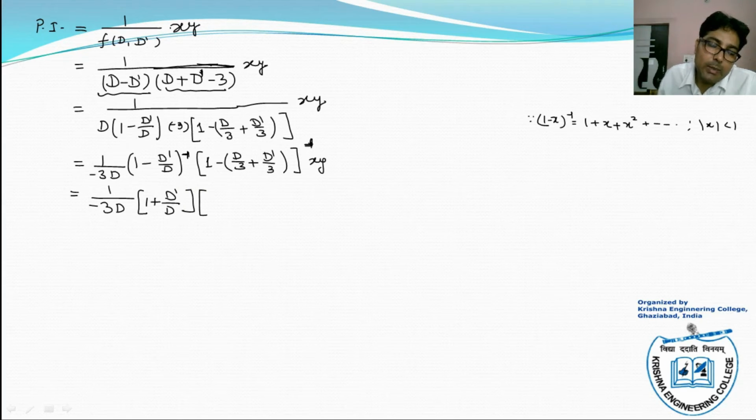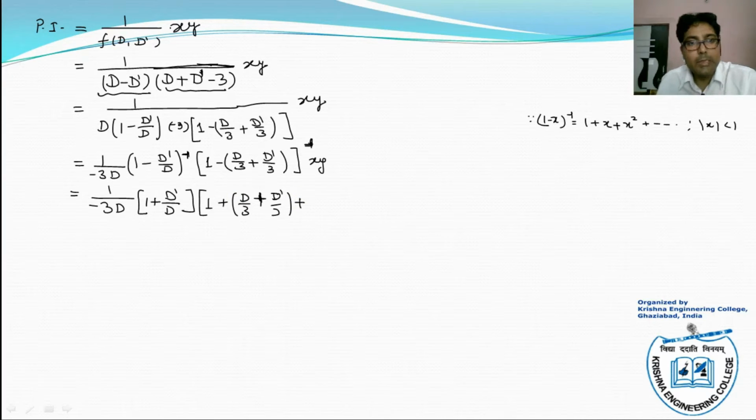And this is the non-homogeneous. So we expand it up to the degree 1 and degree DD dash. Clear? Degree DD dash.